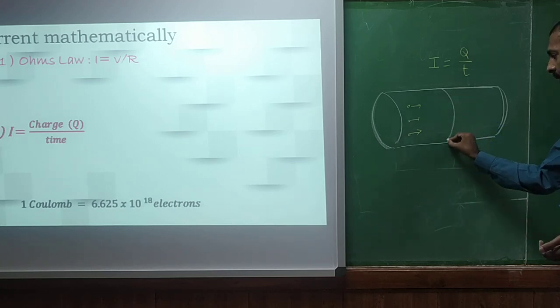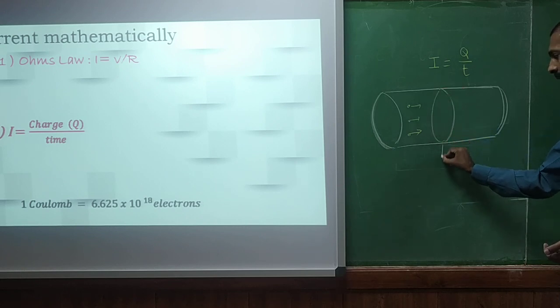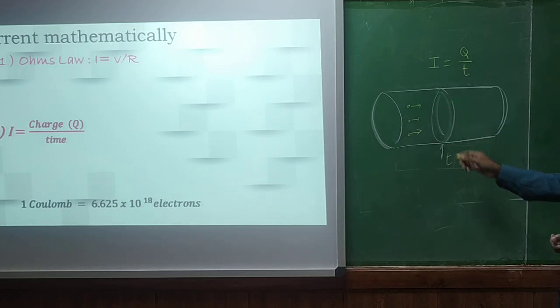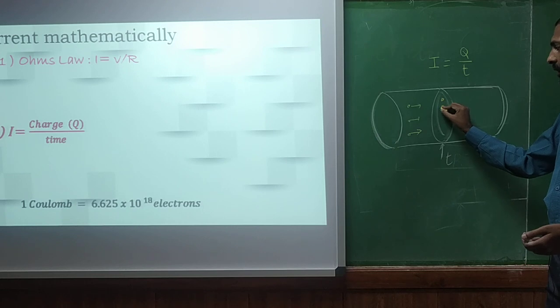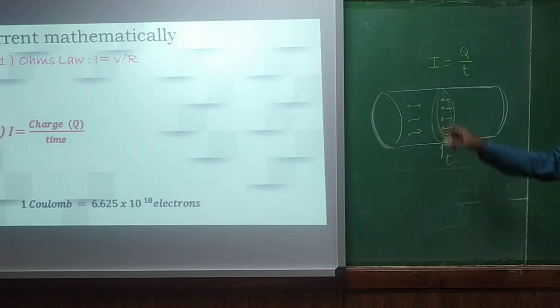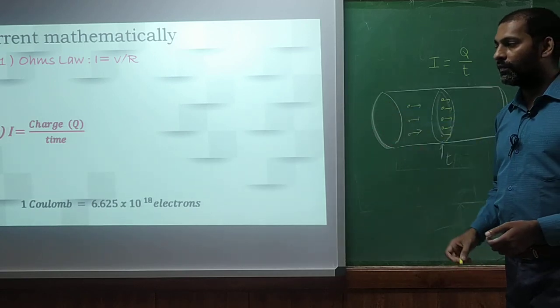Suppose I am taking this cross-sectional area, and at a particular time t, if I want to check how much current is flowing in this area only, then what will give the value of that current? How many electrons are moving through that particular area in that given time. That is nothing but current, that is charge per time. So that is another expression of current.